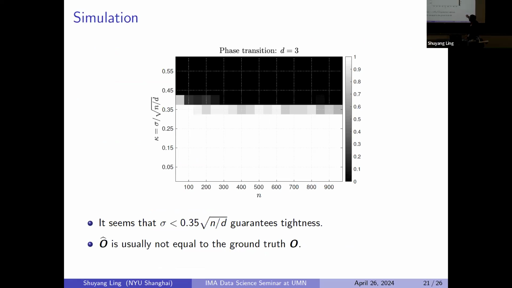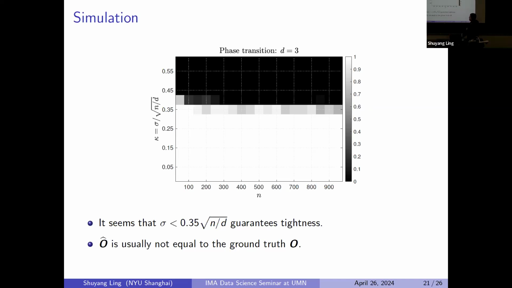And here's the phase transition plot. So here I choose a particular type of phase transition. You don't have to worry about the scaling, because it needs to be massaged a bit to get this. So the point is that if sigma is smaller than 0.35 times square root of n divided by log n, it's tight. This is an empirical result, which means if the noise is sufficiently small, then the SDP is tight, and it's a wide region.